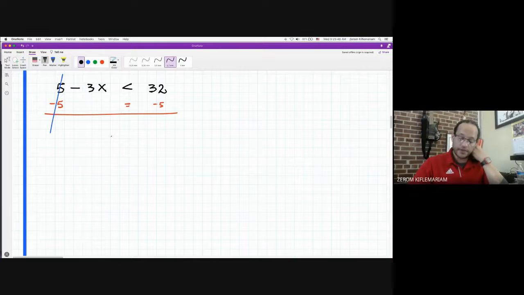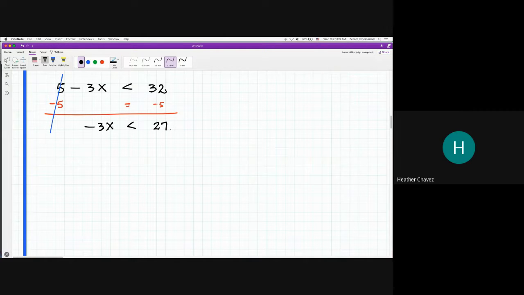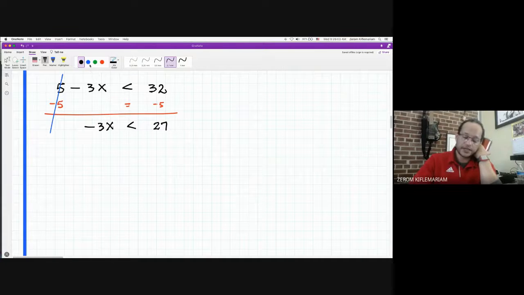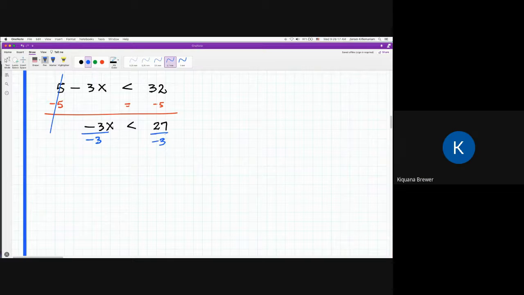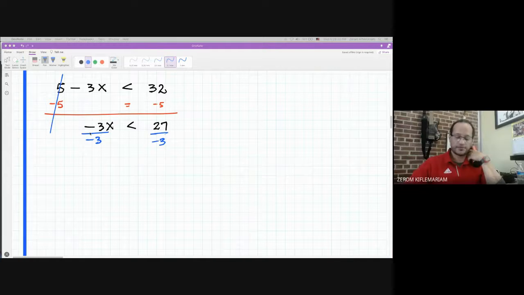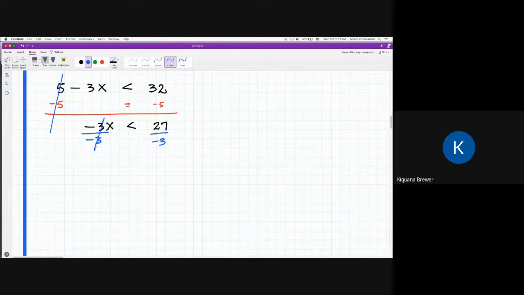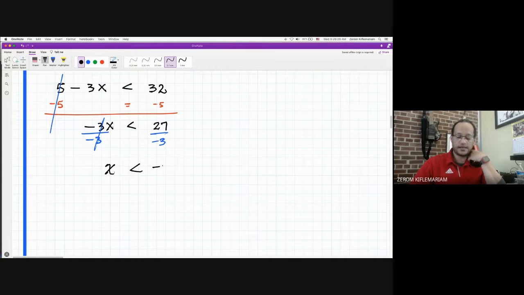Bring down the negative 3x. Okay, continue. We divide by negative 3. The negative 3 cancels out. So x is less than negative 9.